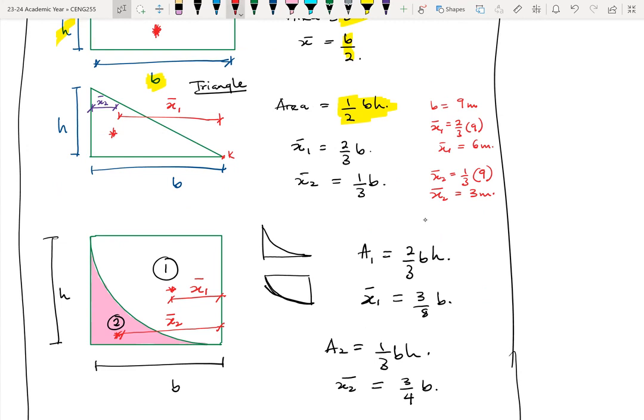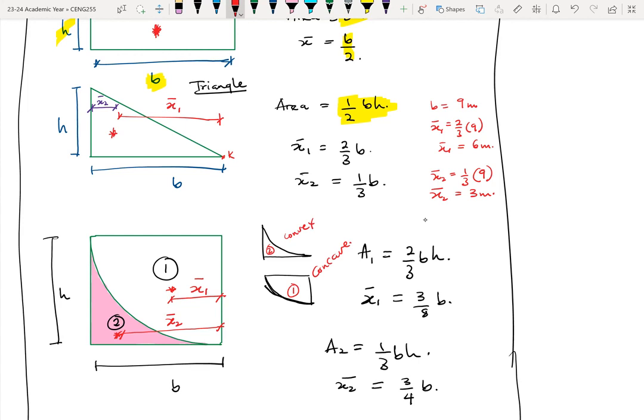So this is the convex shape, and this is the concave. The concave is area 1, and the convex is area 2. For the concave, the area, the one with the 1 in there, is 2/3 times the base times the height.